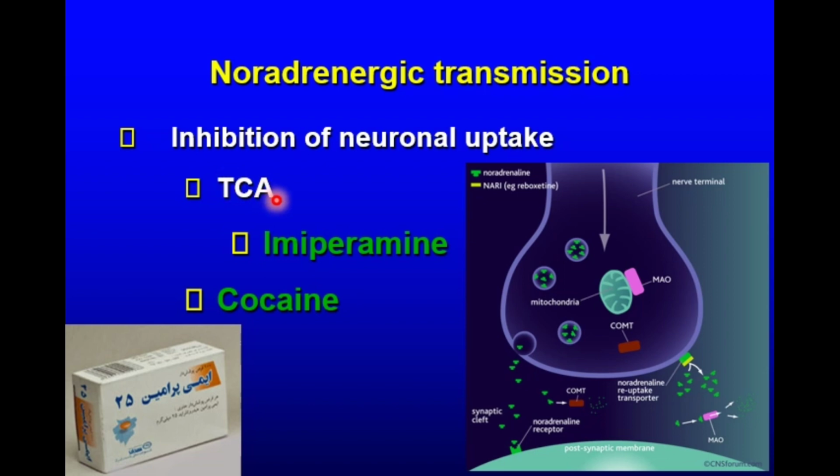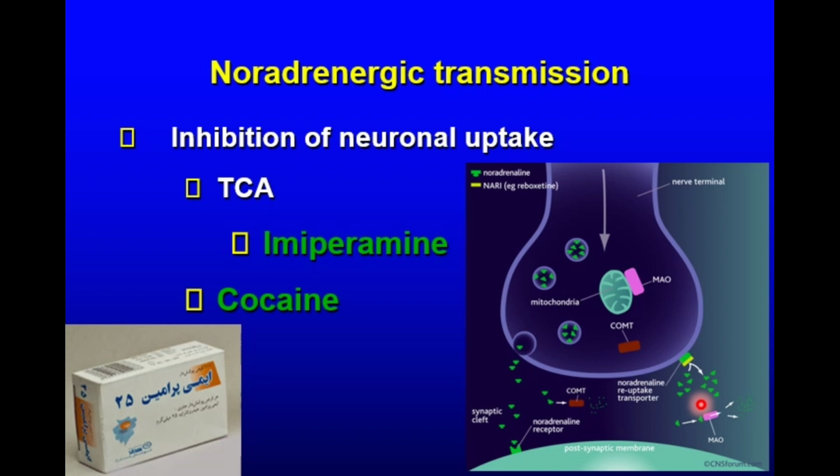Tricyclic antidepressant drugs and cocaine are inhibitors of the uptake 1 transporter system. Sympathetic effects are enhanced by such drugs.